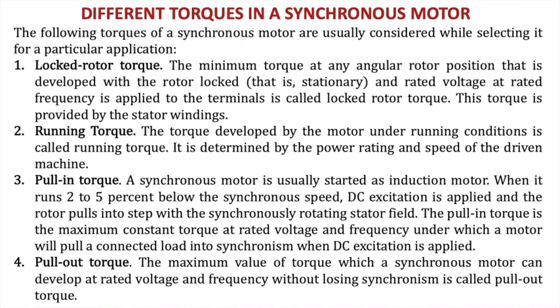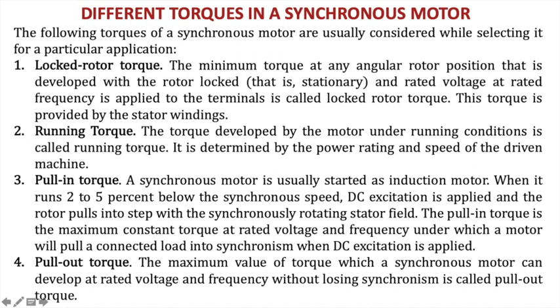This torque is provided by the stator windings. Because the basic principle only depends on the locking of the rotor with the stator poles, this is known as the locked rotor torque.